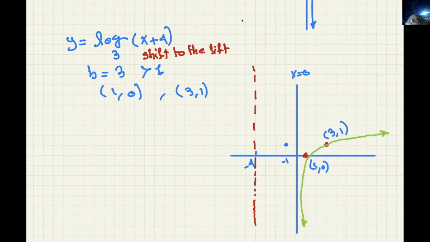Let's make it red. The second point is 1 and 0. So when I subtract 4, that would be -3 and 0. So -3 here and 0, that must be here.